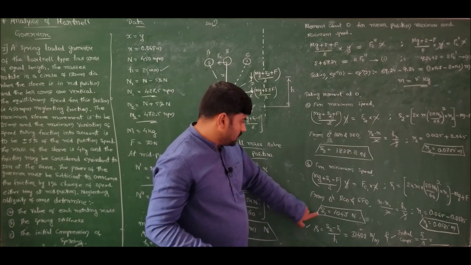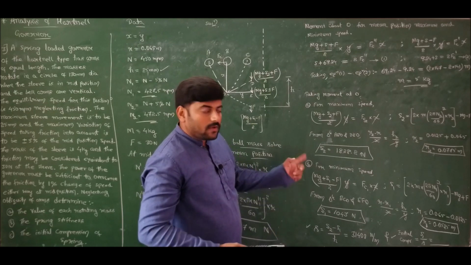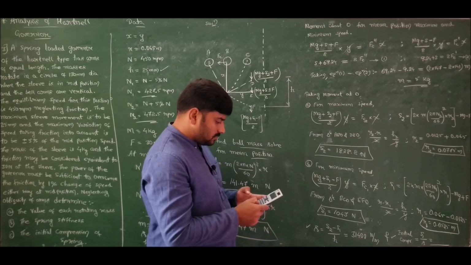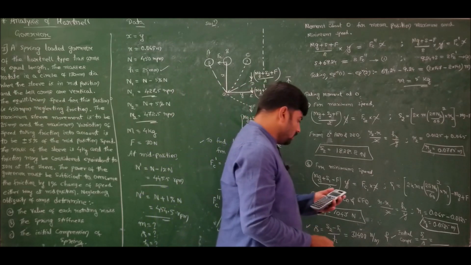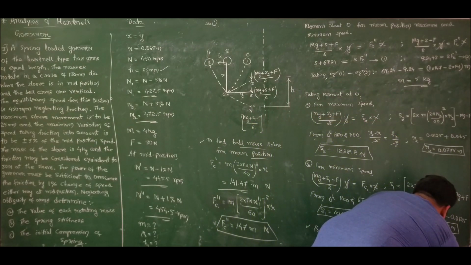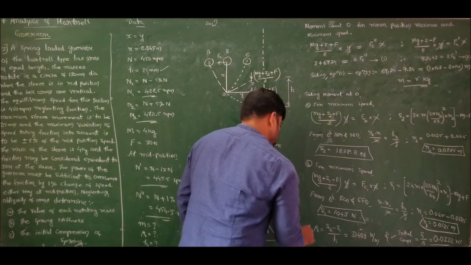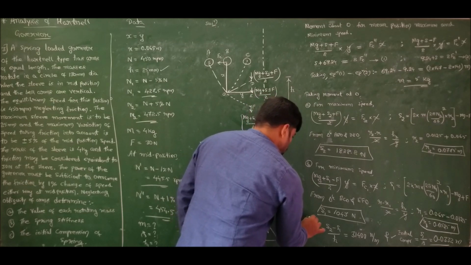So S1 by stiffness is the initial compression, S2 by stiffness is the final compression of the spring, and this turns out to be 0.0332 meters. So this is the final answer for this problem.